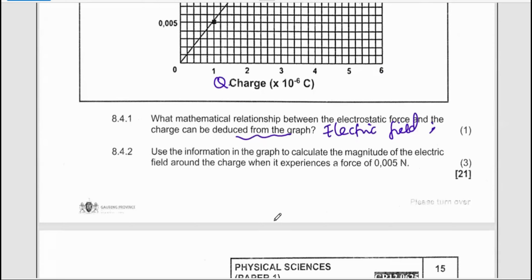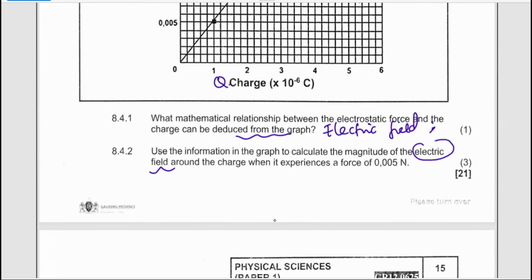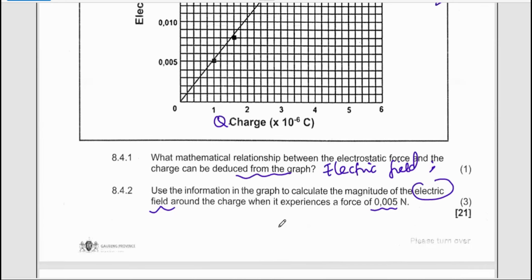Then 8.4.2, use the information to calculate the magnitude of the electric field when it experiences a force of 0.05 newtons. We know that the electric field is given as the force divided by the charge. In this case, it's 0.05 over a charge of 1 times 10 to the negative 6.